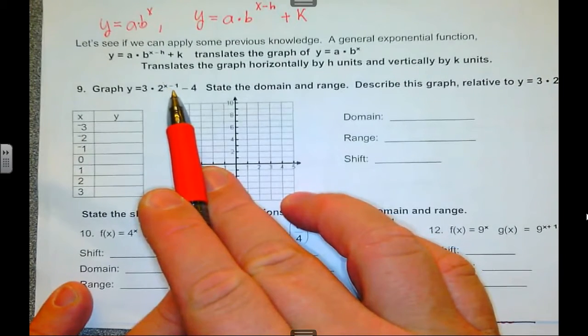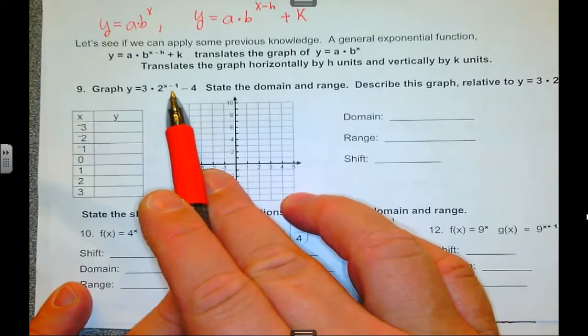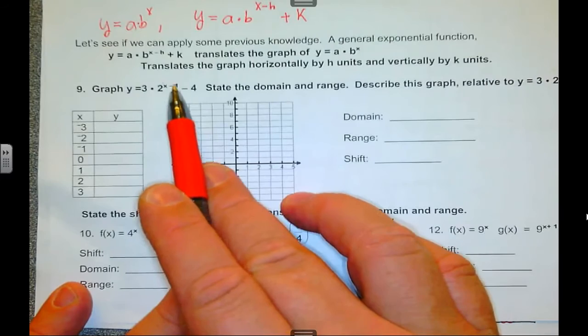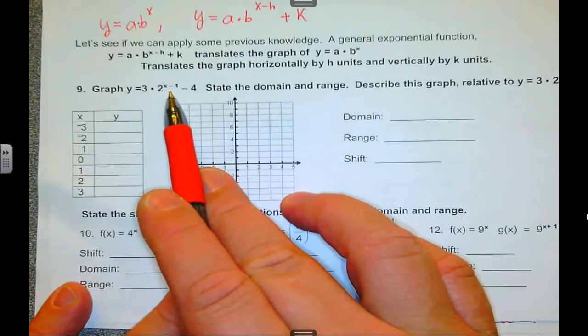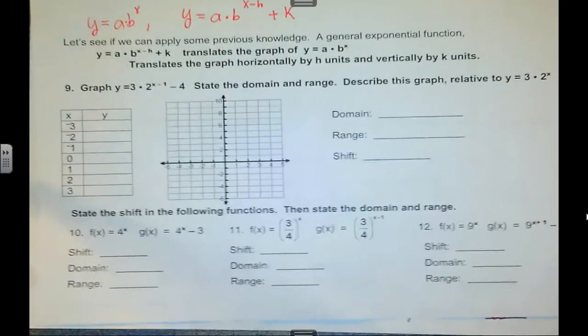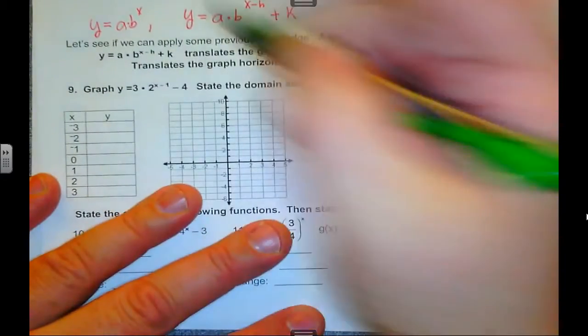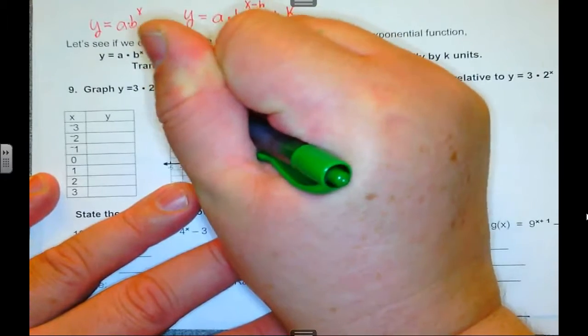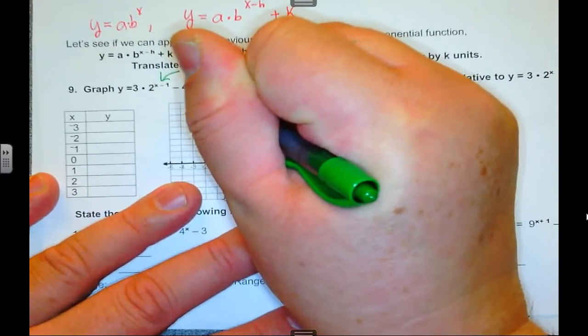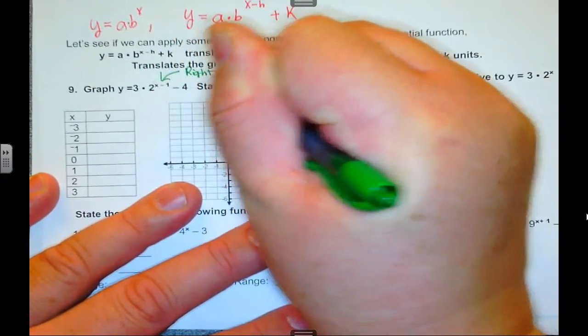Left or right? Yeah, it shifts left or right. What about the sign? What does the sign tell us? So which way is this going to shift? Right. It's always opposite the sign, right? H was always opposite the sign. So this is going to go right 1.